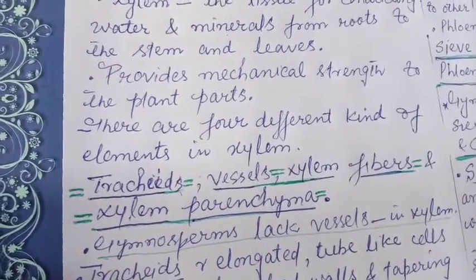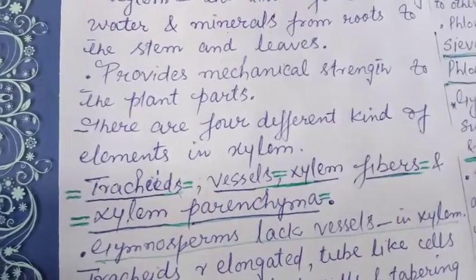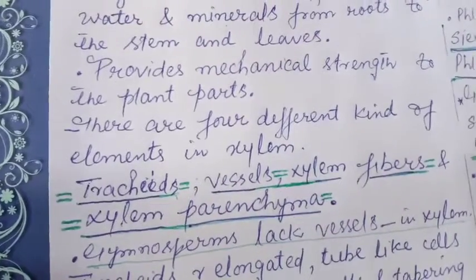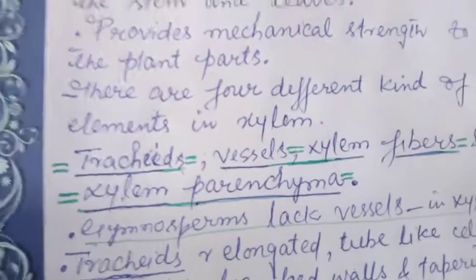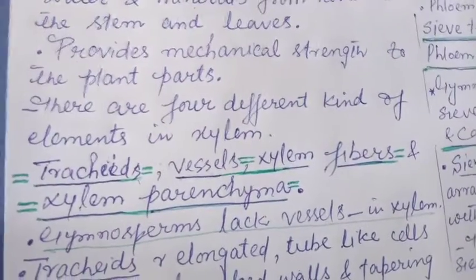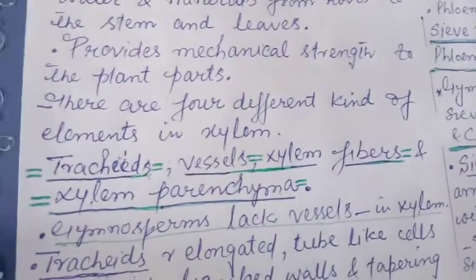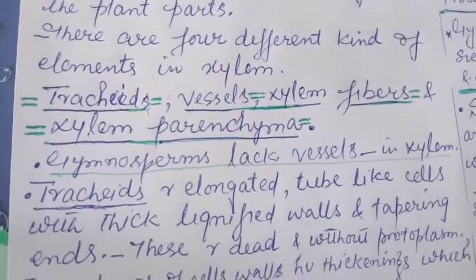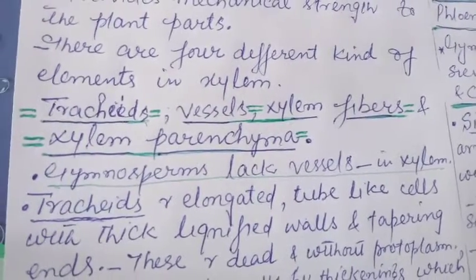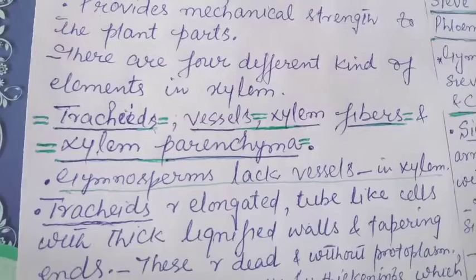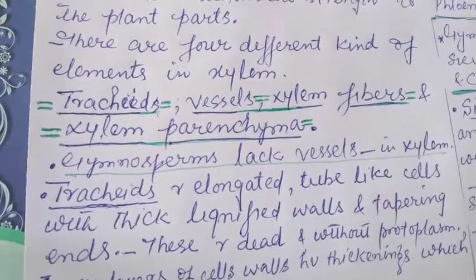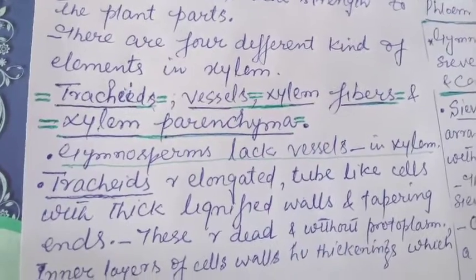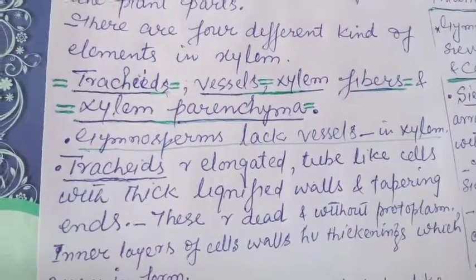The xylem comprises 4 different kinds of elements, which are tracheids, vessels, xylem fibers, and xylem parenchyma. In fact, gymnosperms lack vessels in xylem. That means the gymnosperms do not possess the vessel cells in their xylem.